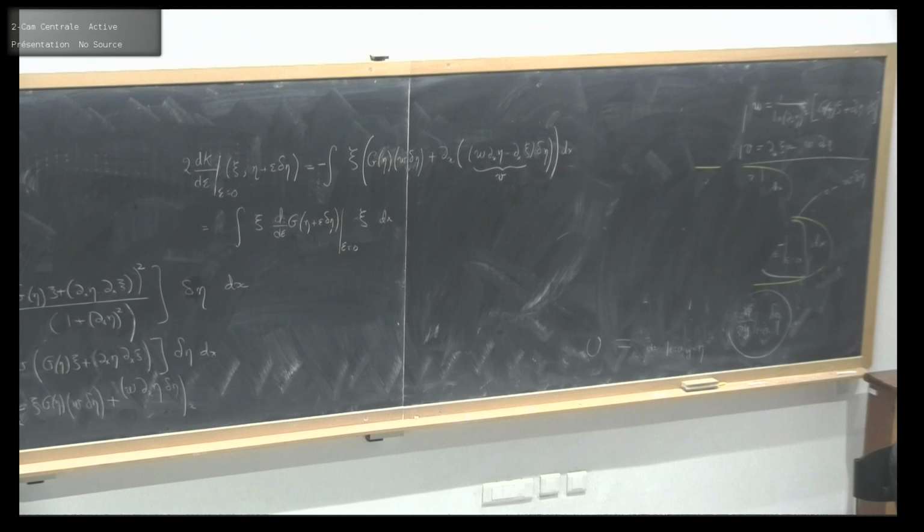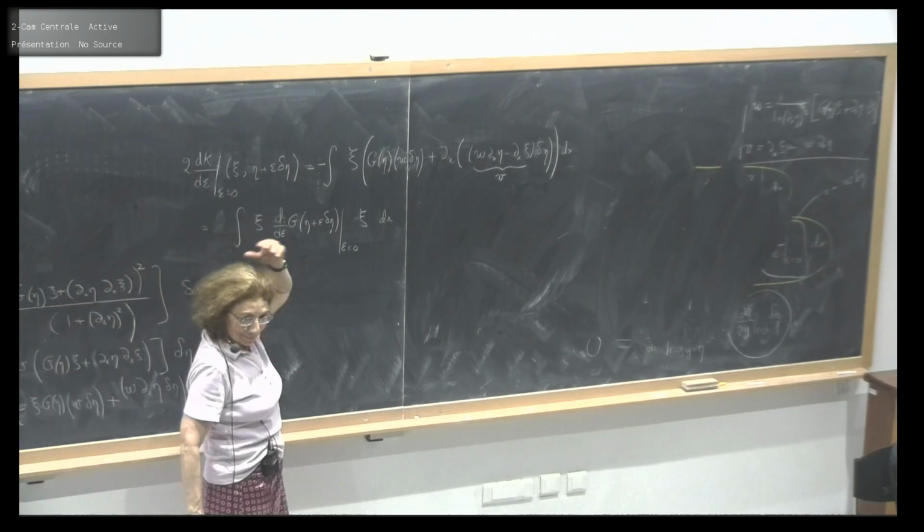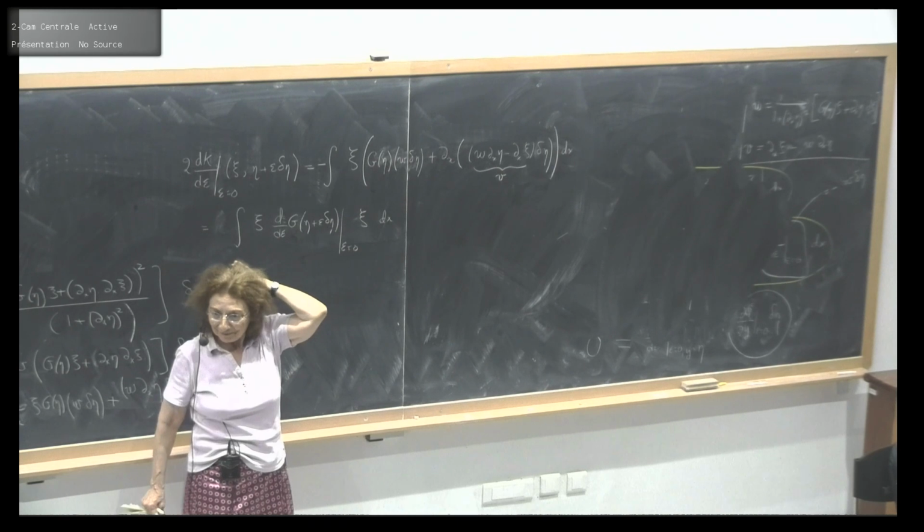The zeta plays the role of delta eta, and eta here is fixed, it's eta bar in the theorem. Are we okay?